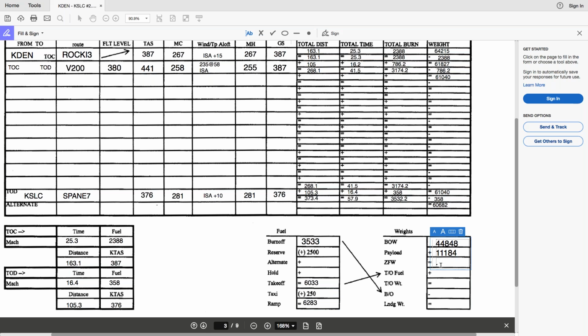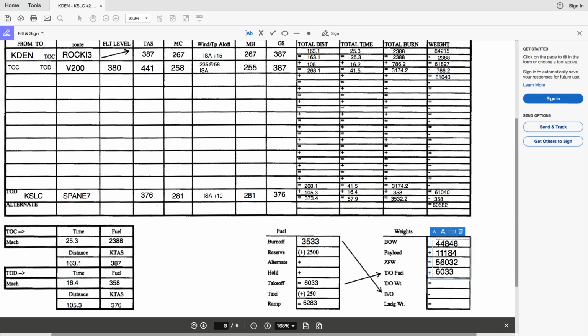Now our zero fuel weight. So we have our BOW plus our payload to give us our zero fuel weight, right? And we find that on our weight and balance chart. We've already figured this one out. We've got 56032. Our takeoff fuel is 6033.